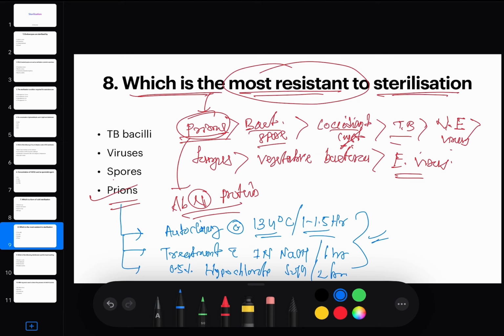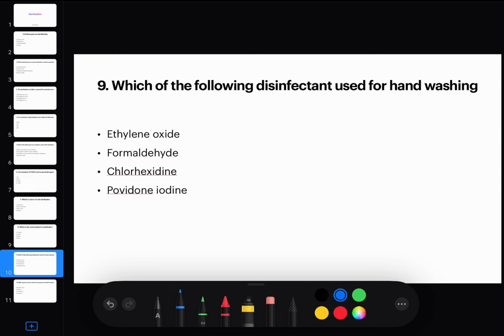Okay, then comes the next question, number 9: which of the following disinfectants is used for hand washing? The answer is chlorhexidine. 4% chlorhexidine is used for hand washing for 40 to 60 seconds.